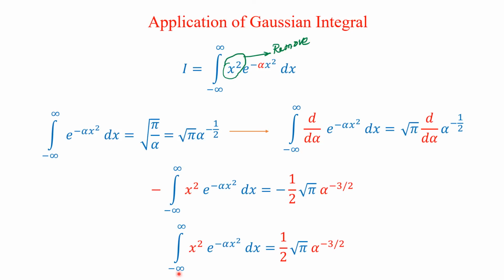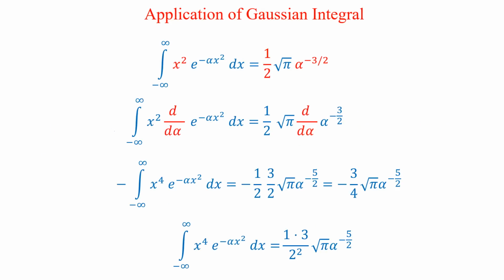So the result for the integral of x squared e power minus alpha x squared dx is equal to 1 by 2 square root of pi alpha power minus 3 by 2. So in a very easy manner we got the result of this integral.